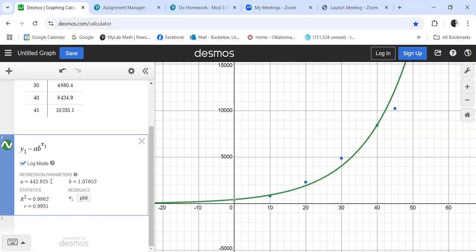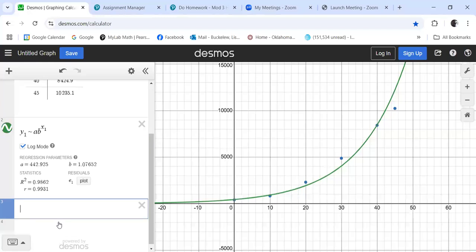So even though it's only showing us 3 decimal places, if you go to the next line and actually type in the letter for the value you're interested in, then Desmos will show you the remaining values that it calculated. So see here, when I just typed A, it's 442.9492466. So it had already rounded that 3rd decimal place up to 5, because the actual values were 4 and then a 6 for the 4th place.